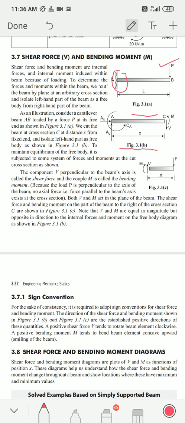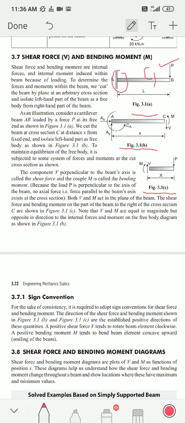And we make one cut at cross section C. Somewhere here is point C, and we make this cut. We have drawn the left side of C in figure 3.1b, and the right part of the beam is shown in figure 3.1c.